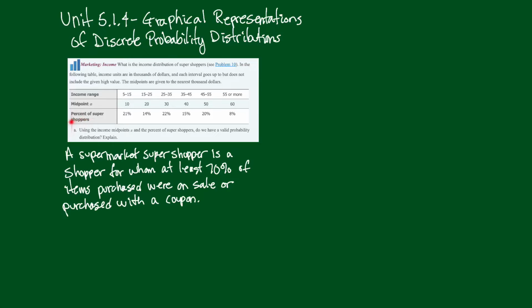So in part A, what we want to do is this. Use the income midpoints and the percent of super shoppers. Do we have a valid probability distribution? Well, let's draw a table here.